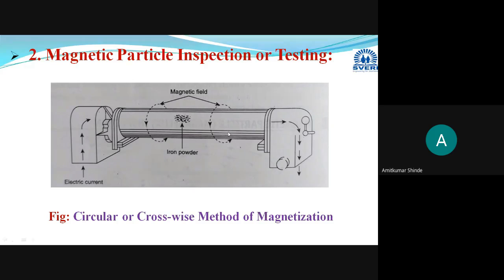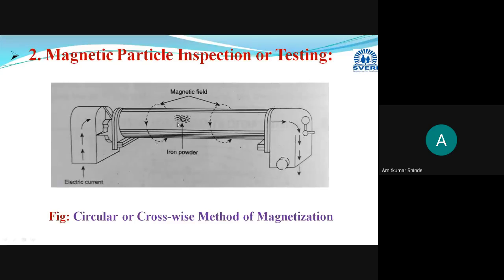When electric current is passed lengthwise through the specimen, the magnetic field will be created perpendicular to that current. You have to remember this. When current passes in this horizontal direction, the magnetic field will be created in the circular or crosswise direction.